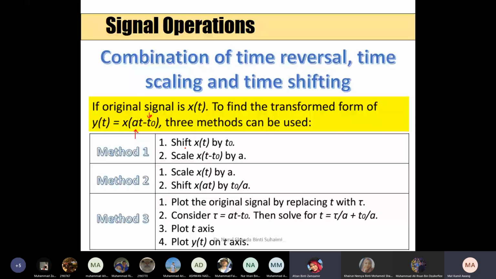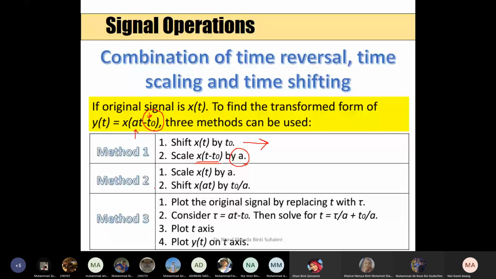So method one, first you shift x of t by t naught, because this is the shifting function. Then you scale the shifted signal by a. So first you shift, second you scale the shifted signal. Okay, that is method one.